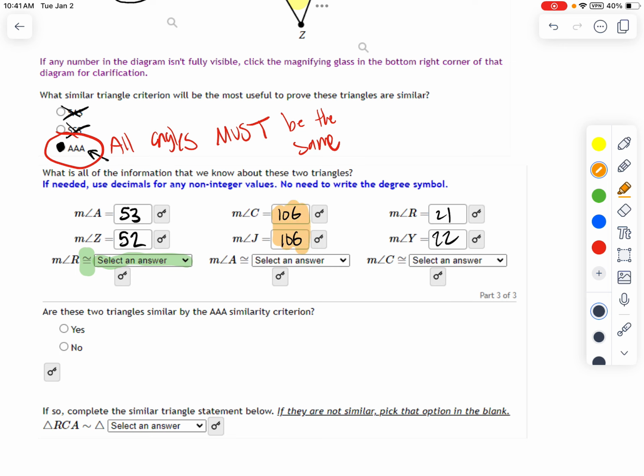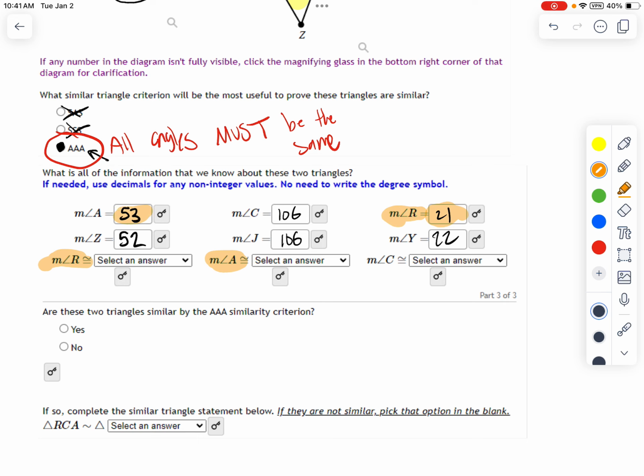For this one, they are the same. So the measure of angle R, oops, I accidentally misaligned that. Measure of angle R, 21 is not congruent to any of these, so you would still pick the not similar option.